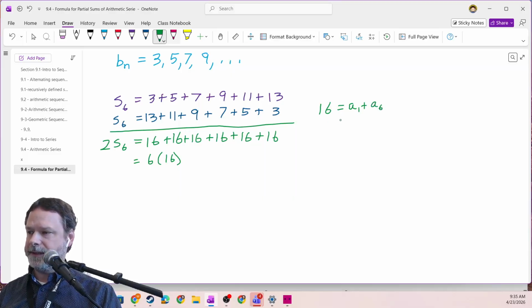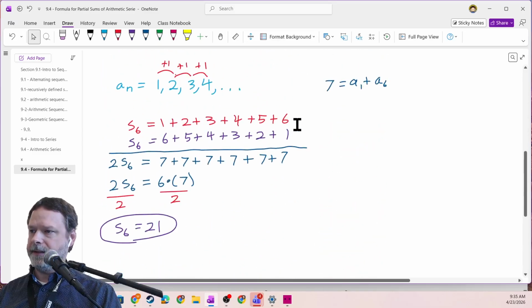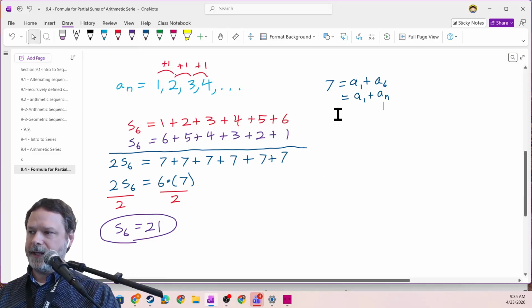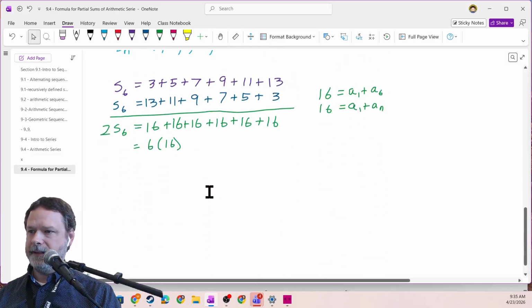Or we could say it was A1 plus A sub n, because our n was 6. And that's the same thing we had up here. A1 plus A6, but really it was A1 plus AN. We're going first term plus the last term we care about. The 6 was our n.